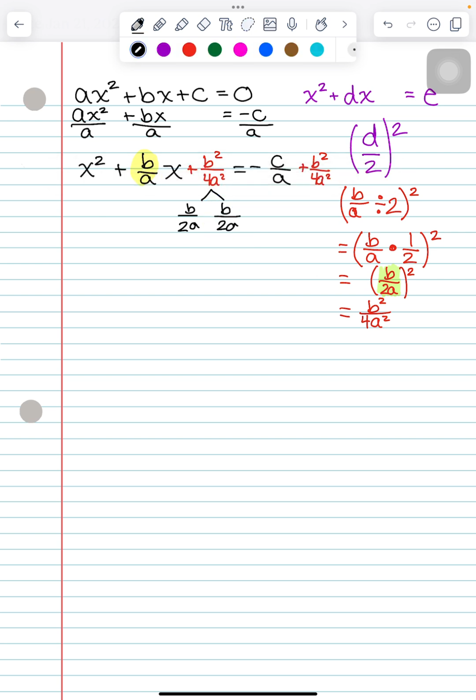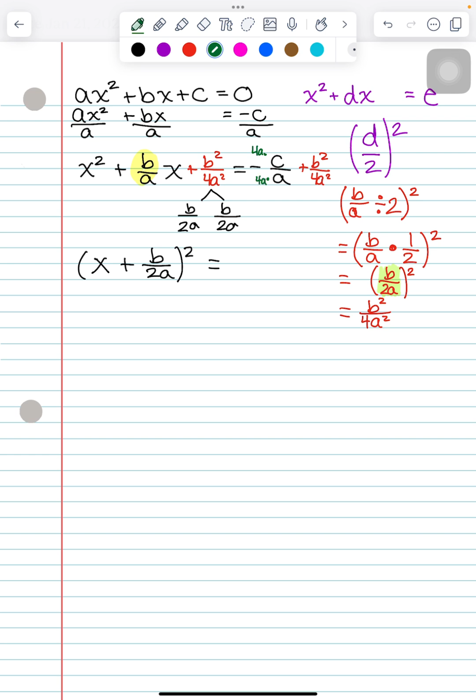Okay. So it factors into x plus b over 2a and x plus b over 2a. In other words, x plus b over 2a, in parentheses, squared, equal to. Now, as for that negative c over a plus b squared over 4a squared, it would be fantastic if I could actually add those. To do that, I need a common denominator, which means I'm going to multiply both the top and the bottom of that c over a fraction, or negative c over a technically, by 4a.